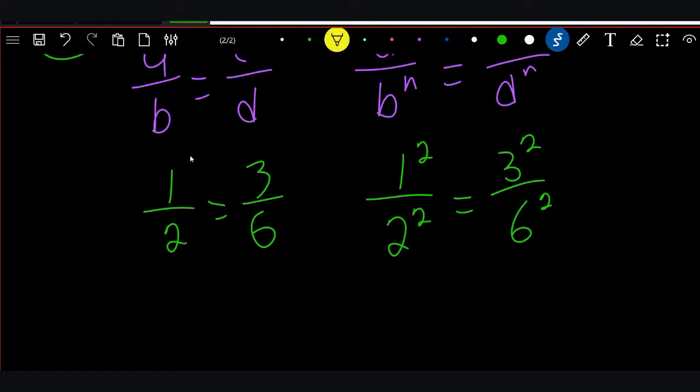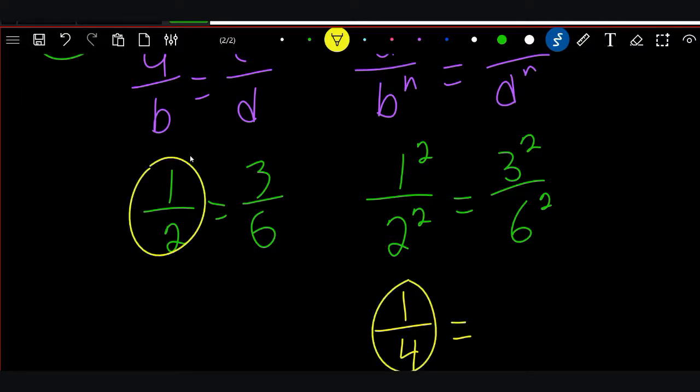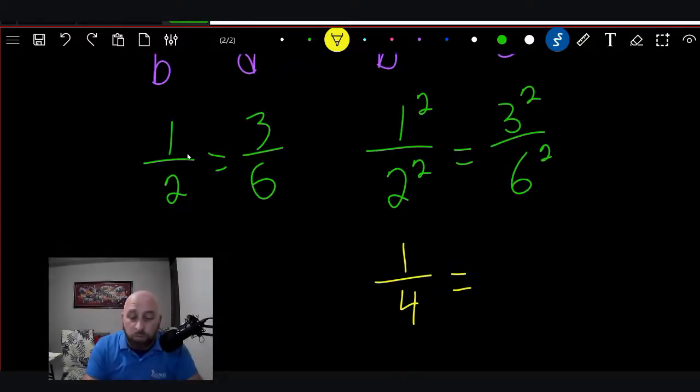What's 1 squared? It's 1. What's 2 squared? It's 4. So now we have 1/4. Again, they're different fractions. Equals, what's 3 squared? 9 over what's 6 squared? 36.